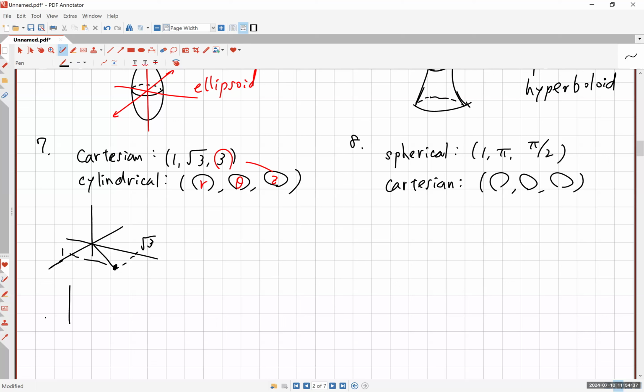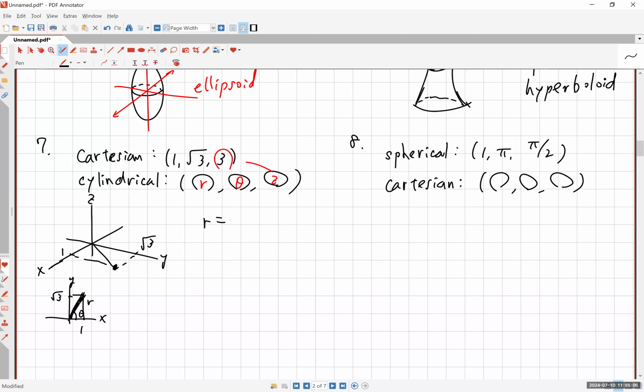And so this point, and this is x, y, z in the 3-dimensional space. If you think about this as a 2-dimensional point, x and y, you have this 1, and you have a square root of 3. And so we're talking about this line segment, and this angle, right? So what's r? Well, r, as you know, is the square root of x squared plus y squared.